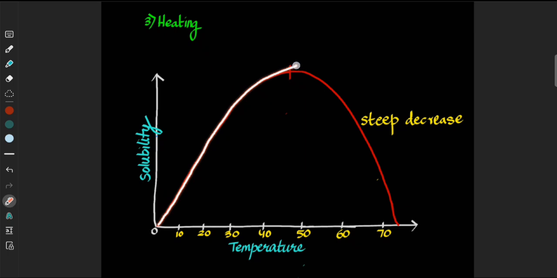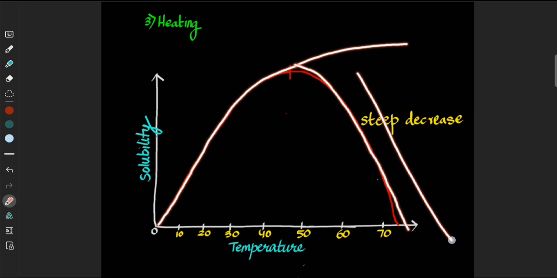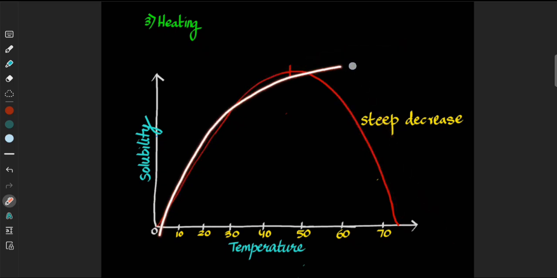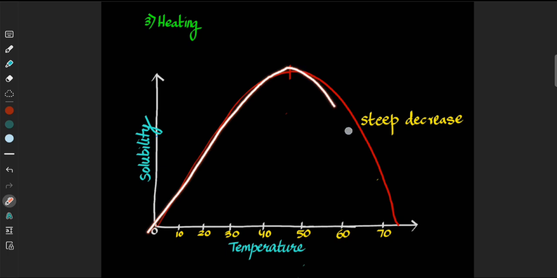And then suddenly, instead of going this way, the protein starts to show a decrease in solubility. It is increasing in a very steep manner, and then decreasing in a very steep manner as well, right?